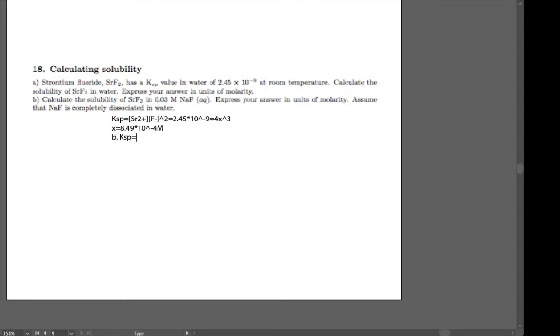The Sr2+, we can assume that's X, and then we have 2X, but then you add another 0.03, which would make the balance go off.